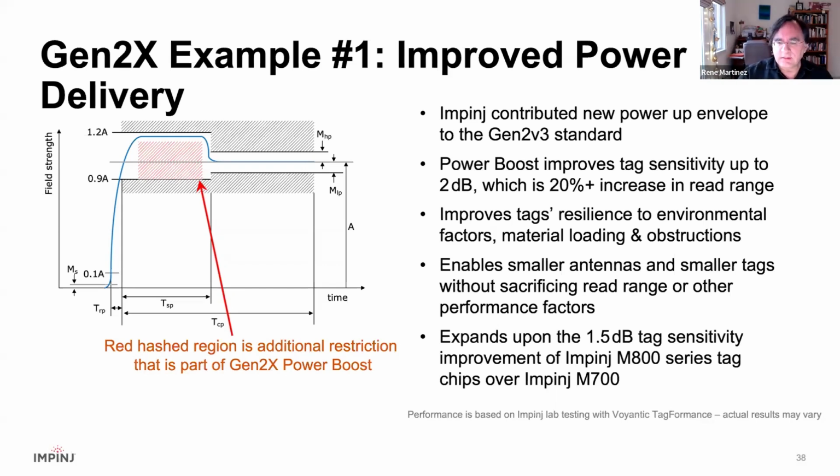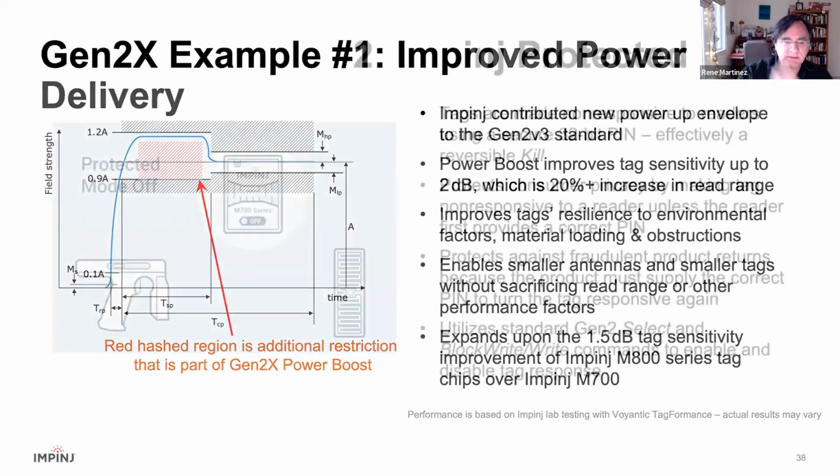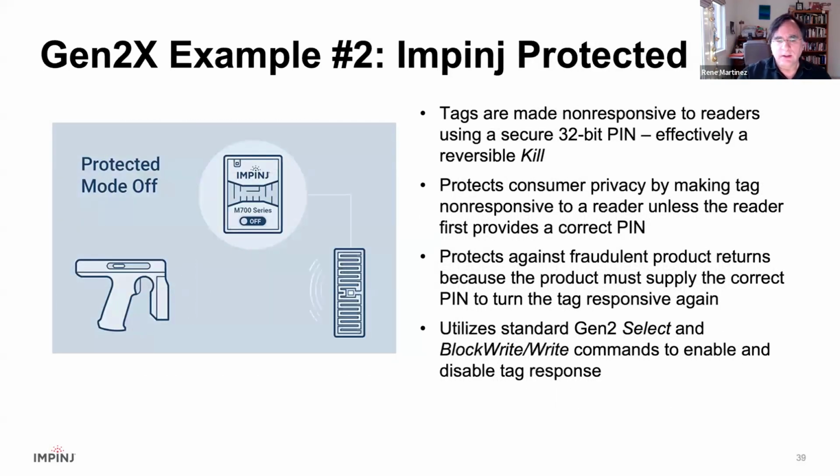And lastly, the power boost expands upon at least our products, and Impinj's M800 tag sensitivity, which is already 1.5 dB higher than the M700. So this is again an example of working within the Gen2v3 confines to do some optional behavior that really helps with tag range. So if you could go to the next slide, Jim, is my second example here.